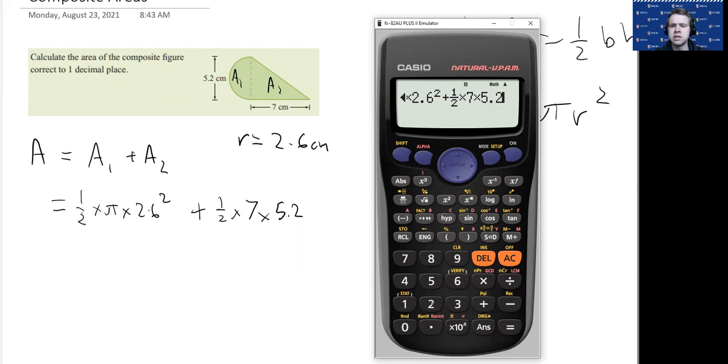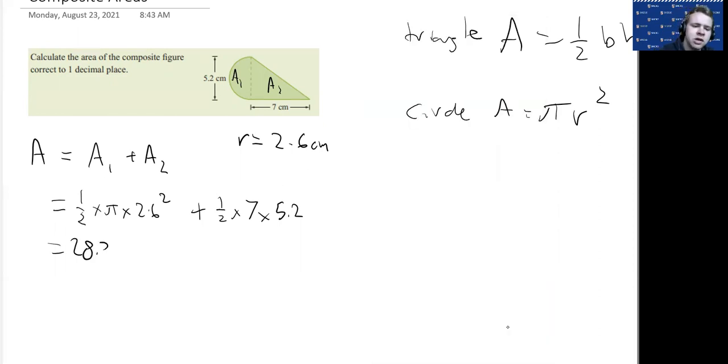Make sure it looks exactly like you've already written it on the page. Then it equals 28.81, and we round that to one decimal place. It becomes 28.8 centimeters squared, because it's an area.